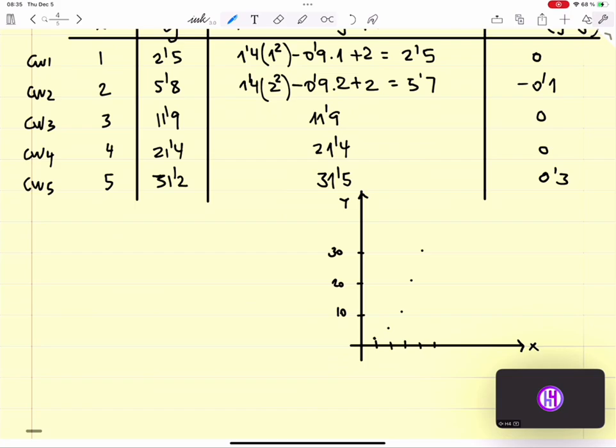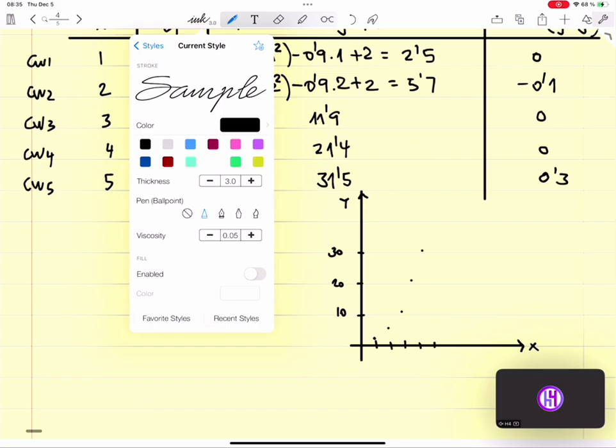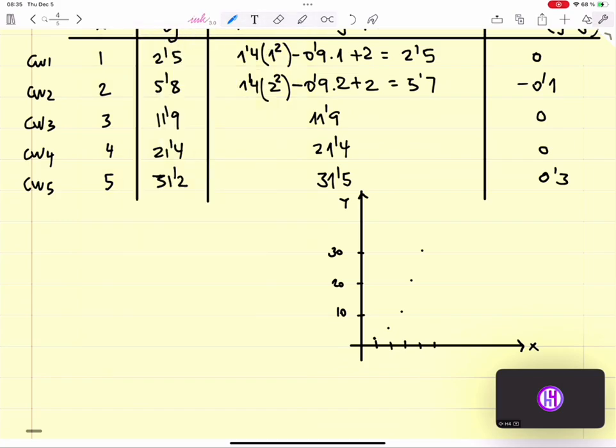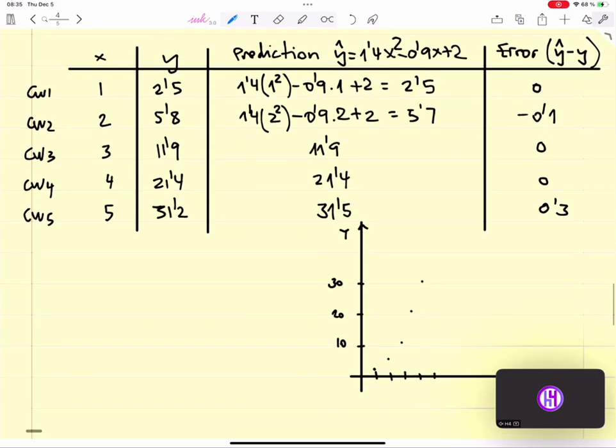So this is clearly a parabola that goes like this, cutting at 2. This is the way our curve works. This is the curve that we're looking for, and this is just the equation.